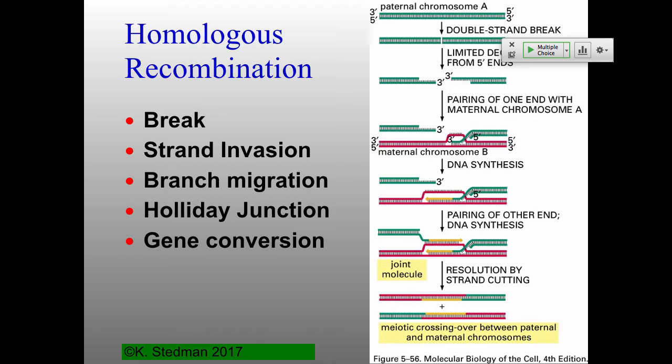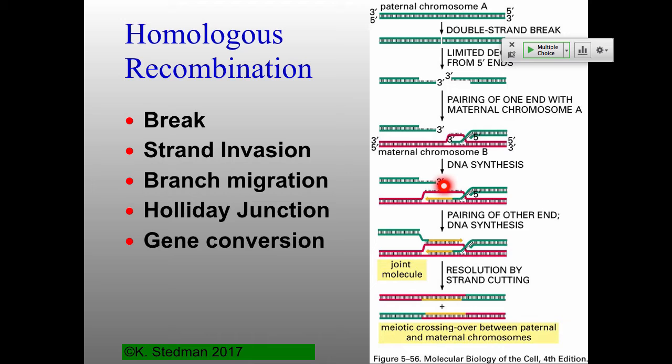So here we have our double-stranded, let's get this to talk to each other. Here we are. Double-stranded break. You have a 5' to 3' exonuclease activity generating a single strand here, undergoes strand invasion, makes a D-loop. Now you've got a primer and a template. This can be extended.